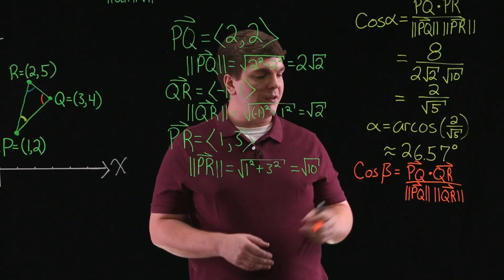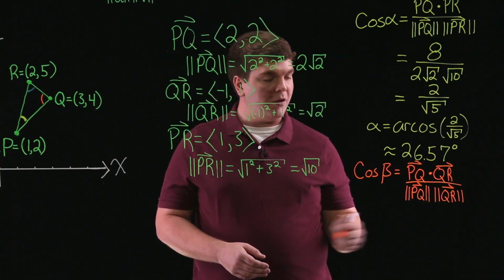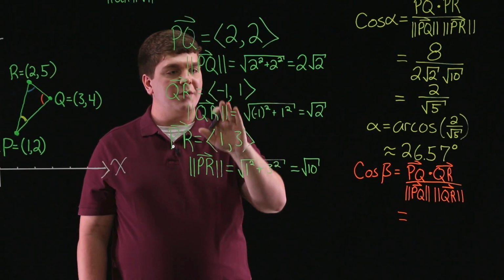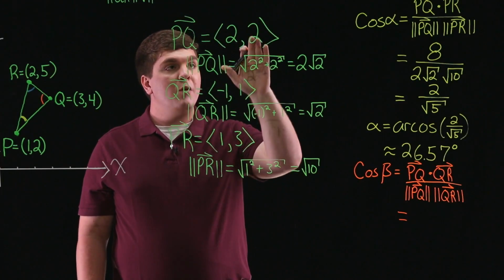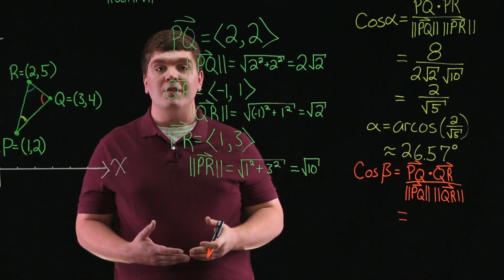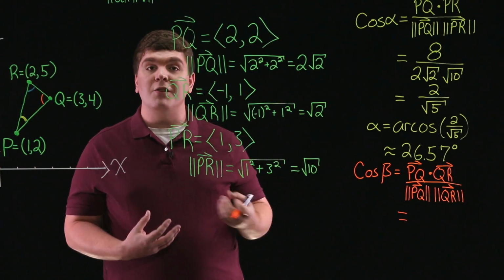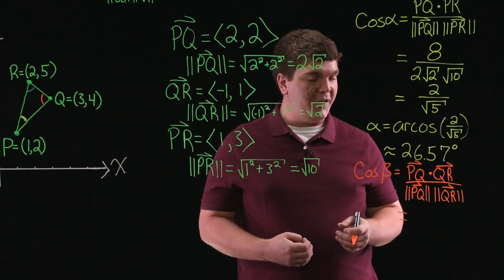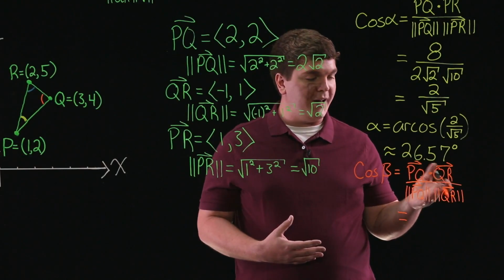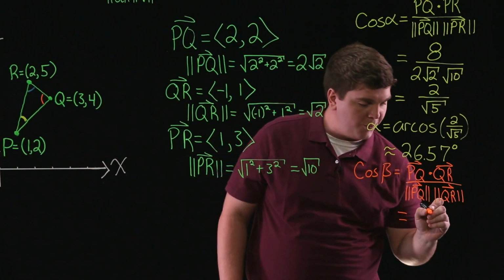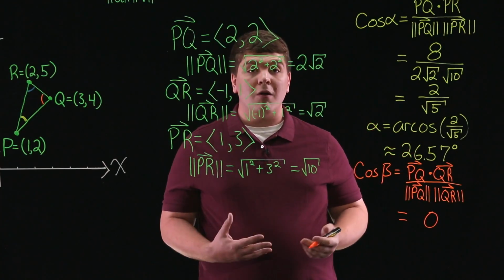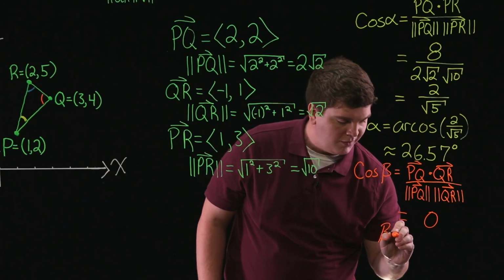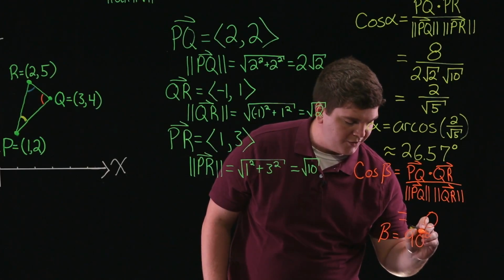If we're looking for the dot product of PQ and QR, it's going to be 2 times -1, which is -2, plus 2 times 1, which is 2. So the dot product is -2 plus 2, or 0. And it doesn't matter what the magnitudes of PQ and QR are, as the right-hand side of this equation will be 0. So solving for beta, using the inverse trigonometric properties, we have beta is equal to 90 degrees.